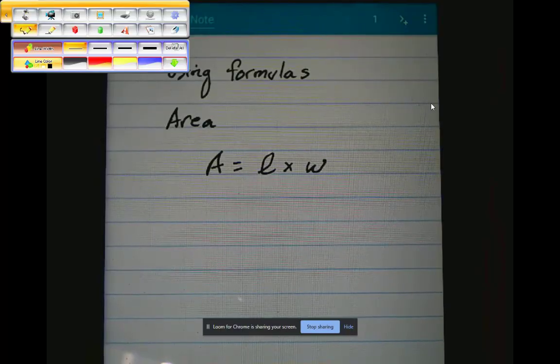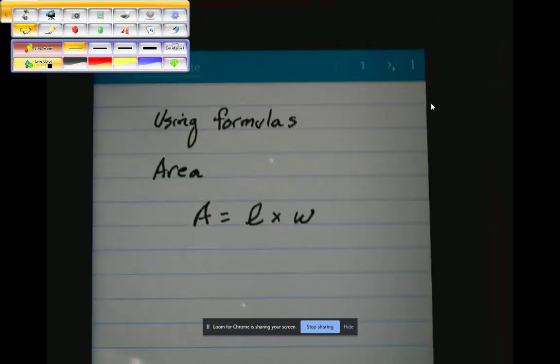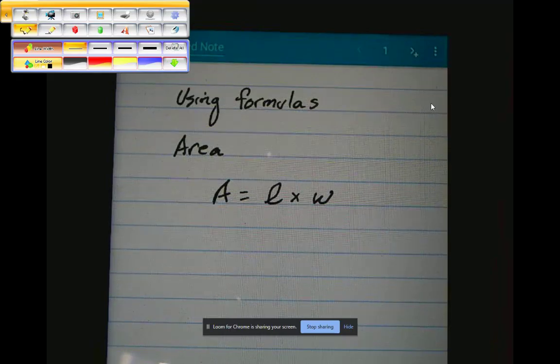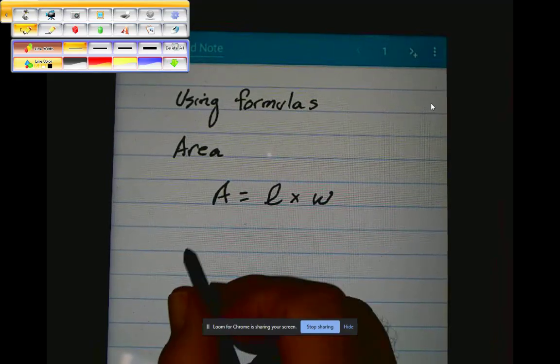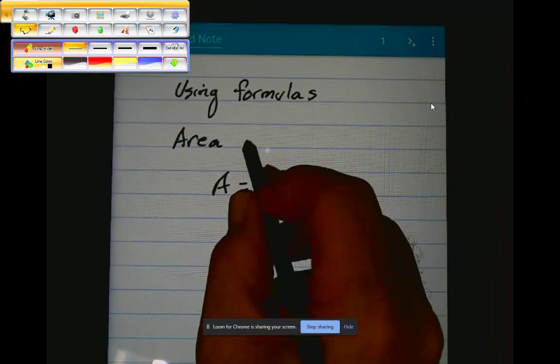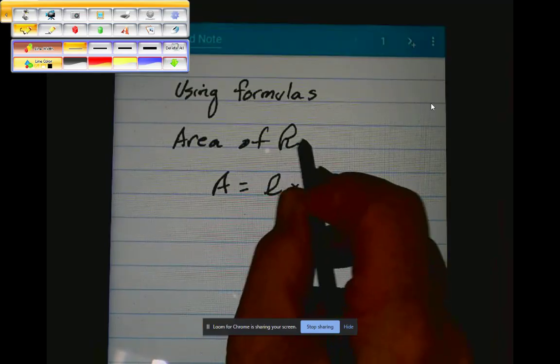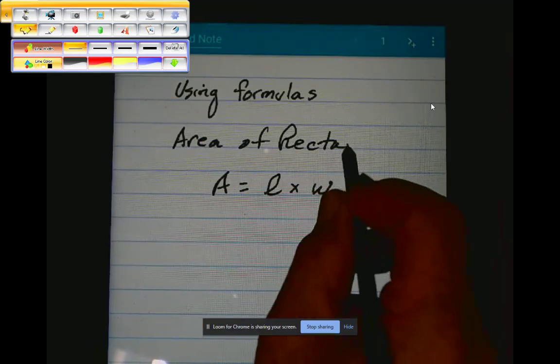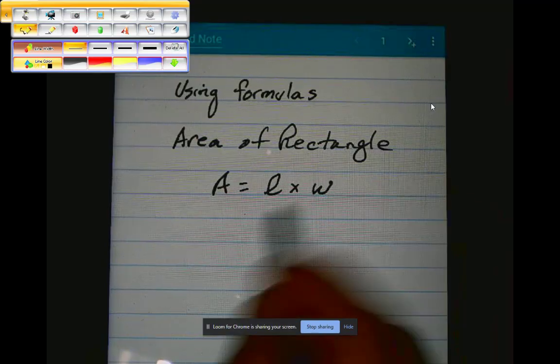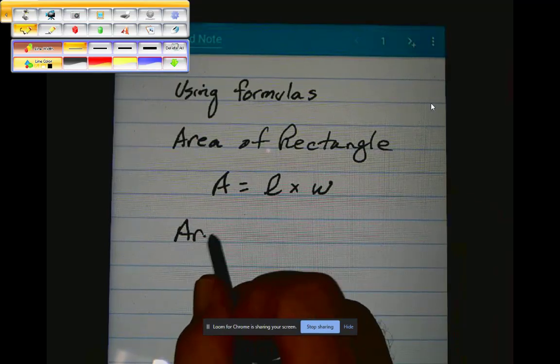Or if I had the area and a length, I could do some algebra with that and get the width, right? So that's an example of a formula. Another example, so that's the area of a rectangle. The area of, say, a circle.